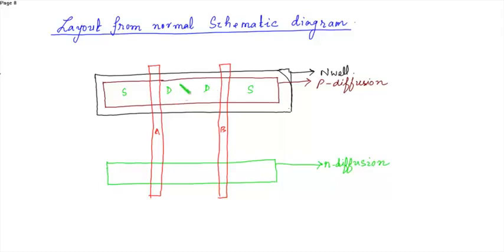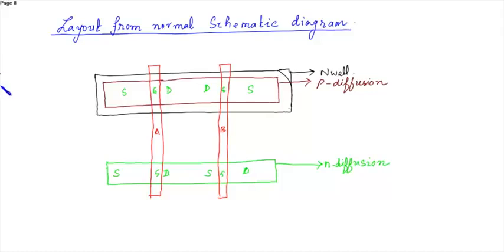Since these two are shorted, we need not do anything over here. These are the gates. Similarly, this is the source of N1 and this is the drain. Here is the source and this is the drain. These are the gate terminals.